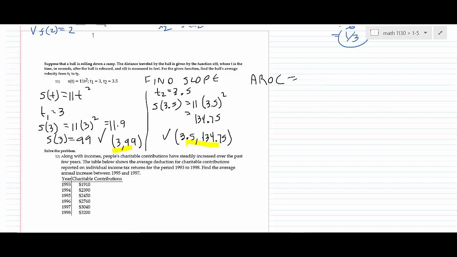So what we'll do here is 134.75 minus 99, and that would be all over 3.5 minus 3, and then we just use a calculator.